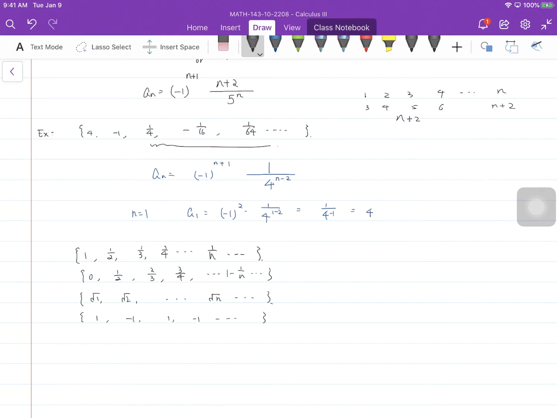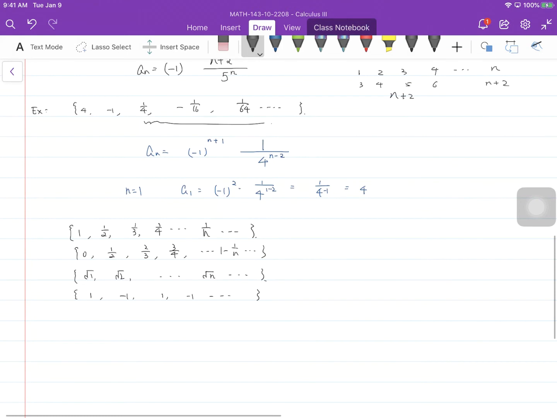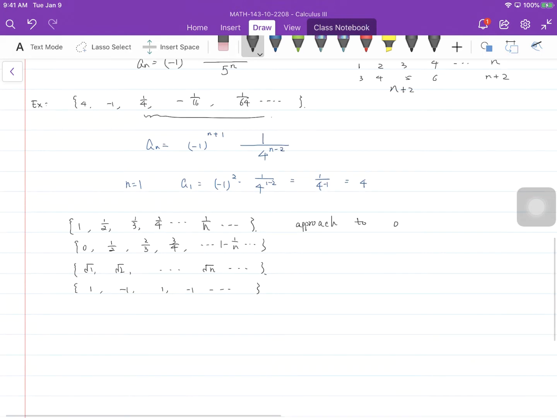Let's see. For the first sequence, the last term approaches which number? 1 over n, the limit when n goes to infinity, approaches 0, right? If we just look at a_n, a_n approaches 0. If we look at the second sequence, a_n approaches 1, because 1 minus 0 is 1.